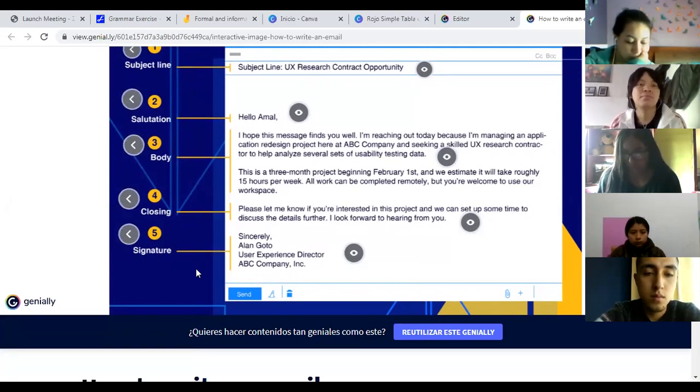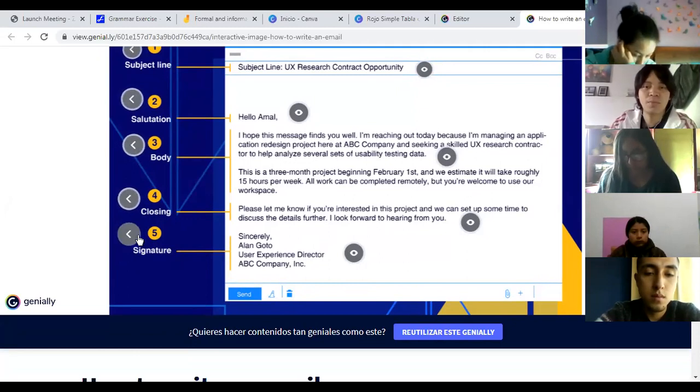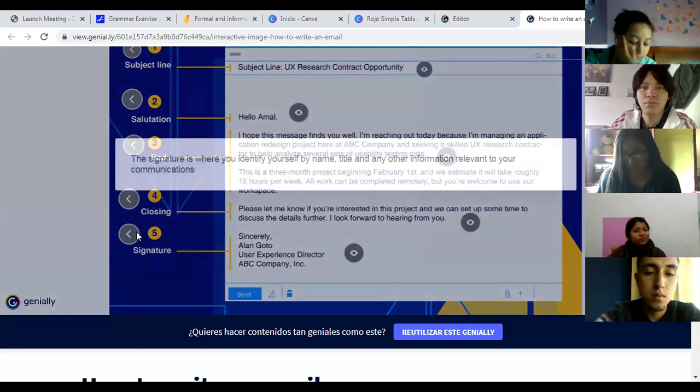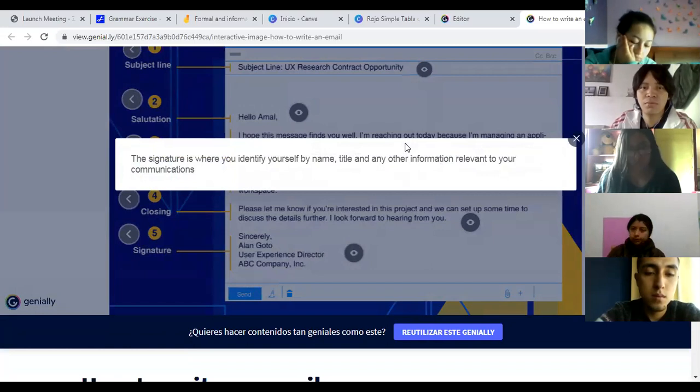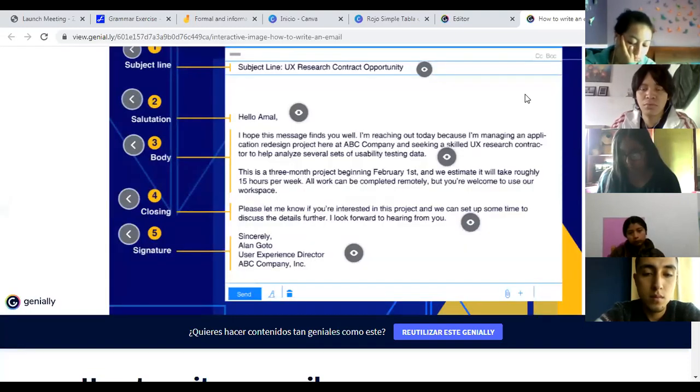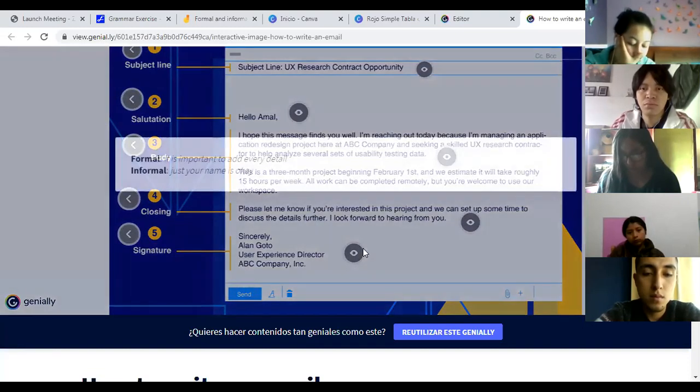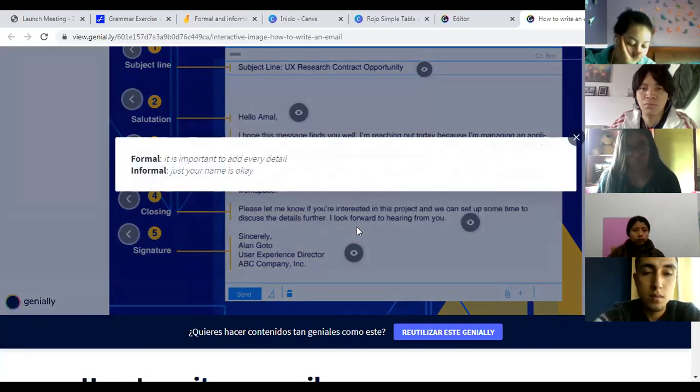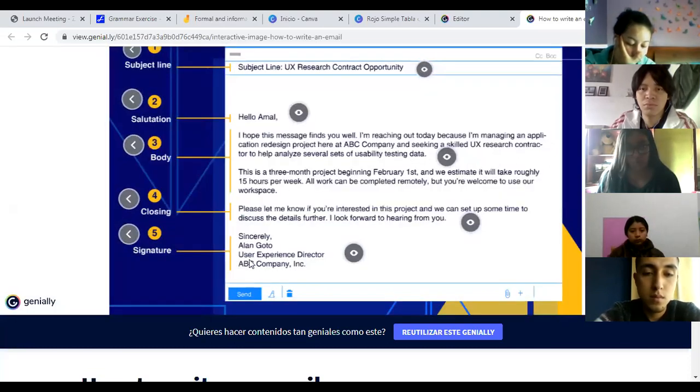And finally, the signature. This is common in emails. I don't use it all the time, but probably in the future we have to use it. It says the signature is where you identify yourself by name, title, and any other relevant information to your communications. In formal, it's important to add every detail, like here: sincerely, Alan Gotton, user experience, ABC company.